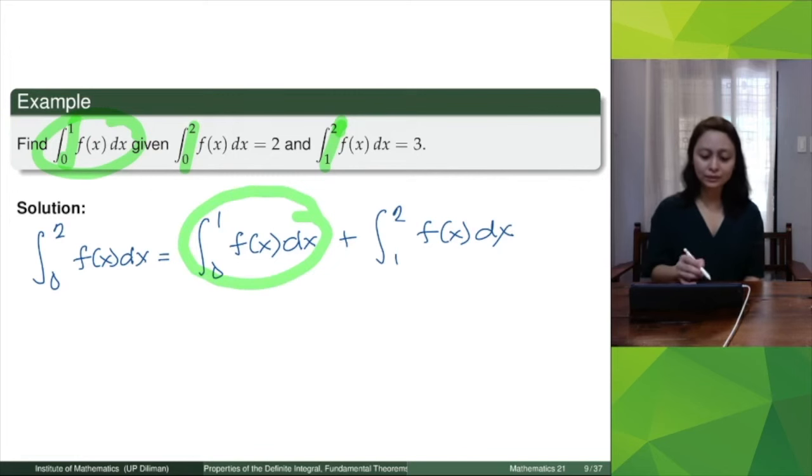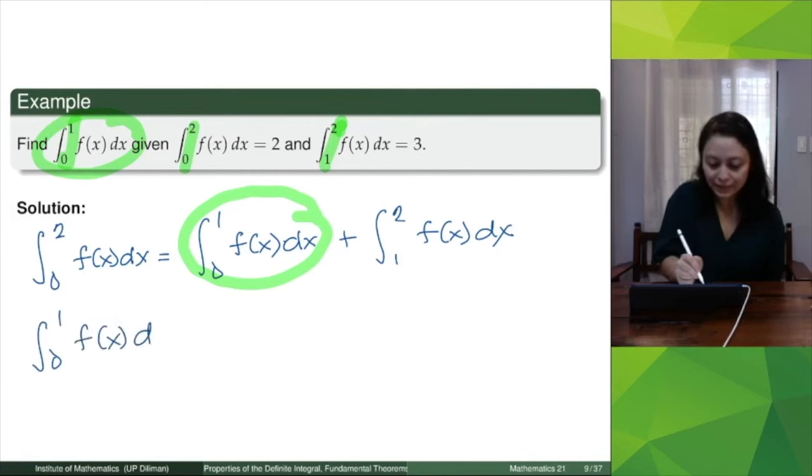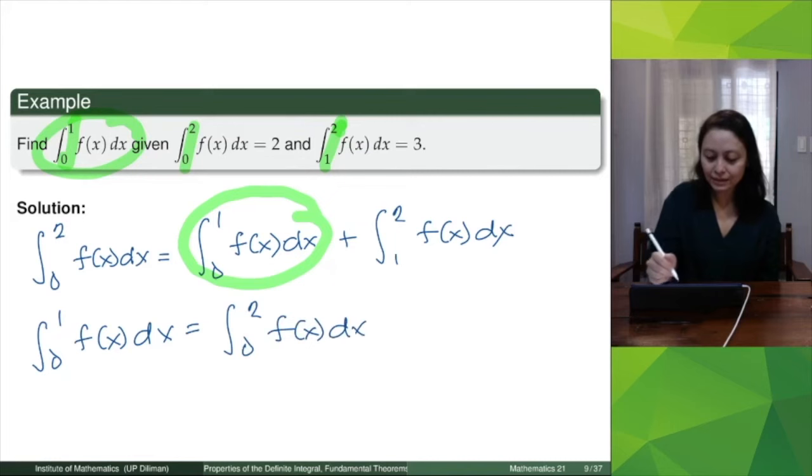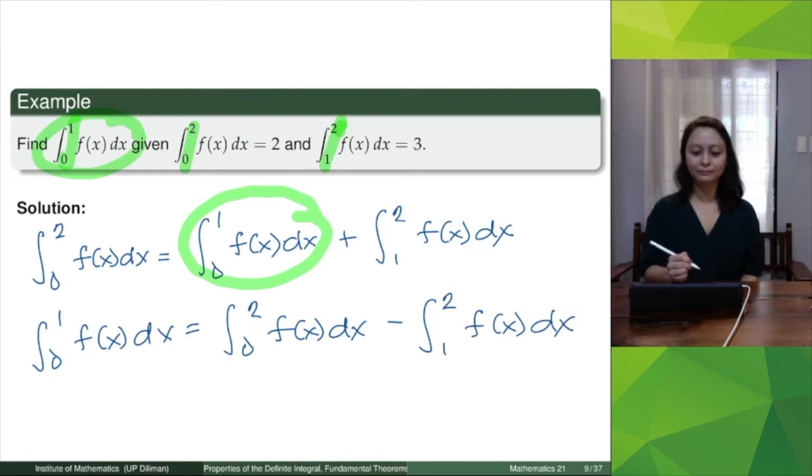So, we isolate it on one side. So, the integral from 0 to 1 of f of x dx is equal to the integral from 0 to 2 of f of x dx minus the integral, right? Transpose to the other side the integral from 1 to 2 of f of x dx. Okay? So, we have this expression.